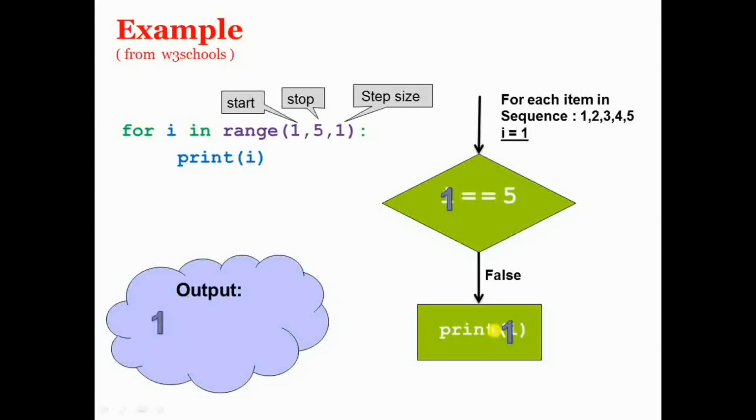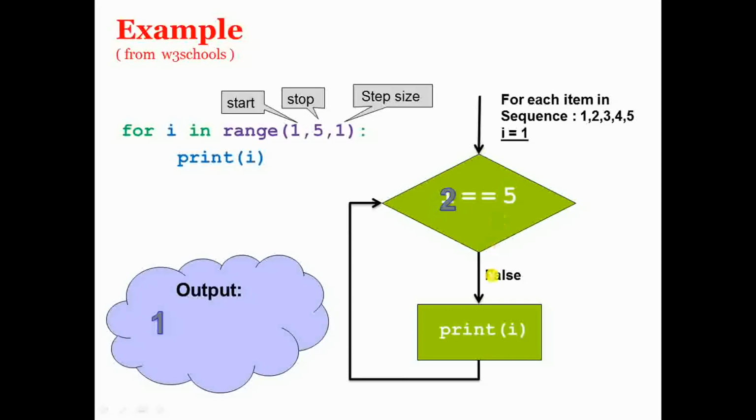It was 1. It will be outputted. Then it goes to the condition again. So before it went to the condition, our I became 2. Why? Because here we have step size. Step size is 1. So after 1, if you add 1, it will be 2. So I is equal to 2 now.